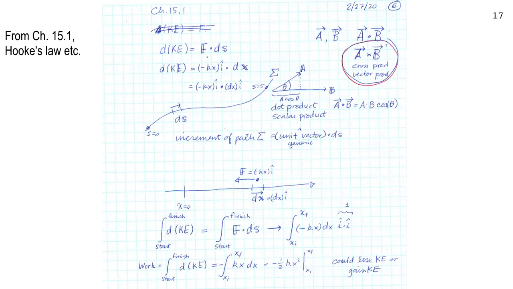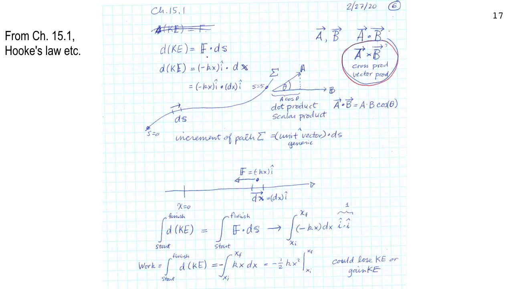For the oscillator, an increment of the kinetic energy is equal to, the force is minus kx times i hat. That's just the spring force law. And then we're going to dot that into, now, on the x-axis, we don't have a generic unit vector like we do here.